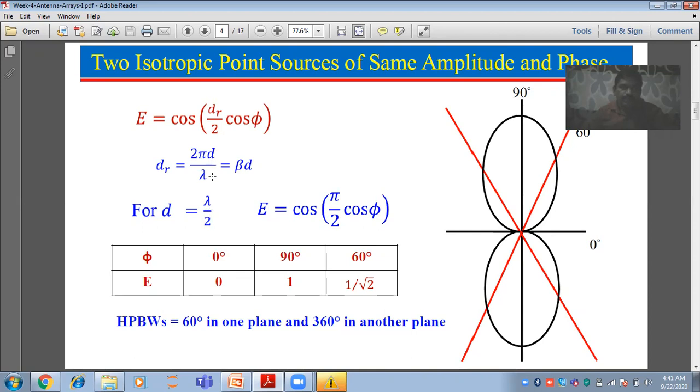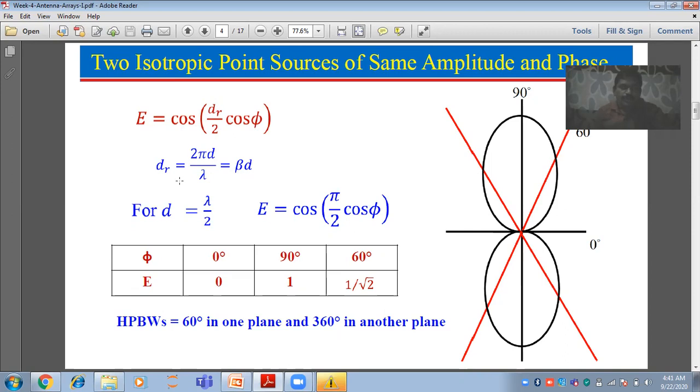If you substitute here, this 2 and this 2 will cancel, and this lambda will cancel. Therefore, ultimately psi will be equal to pi. You take that value of pi in the place of psi. So that will become cos of pi by 2 cos phi.